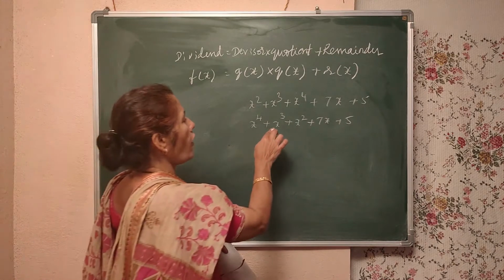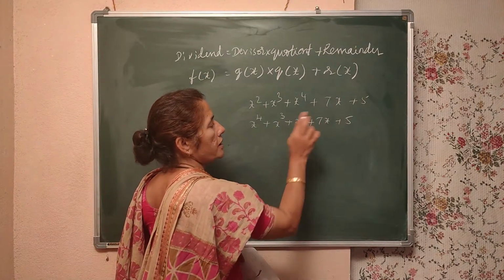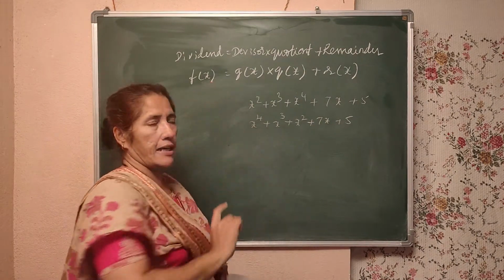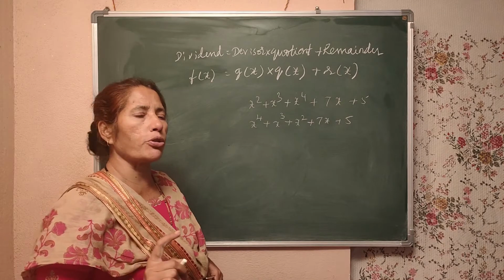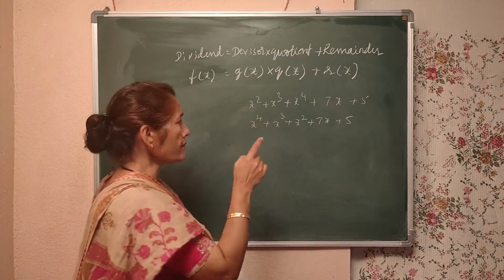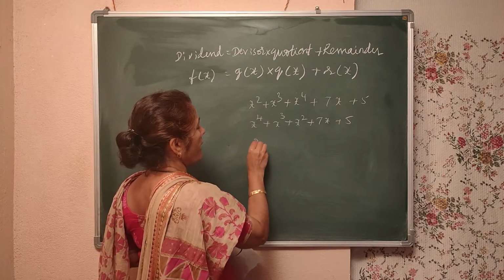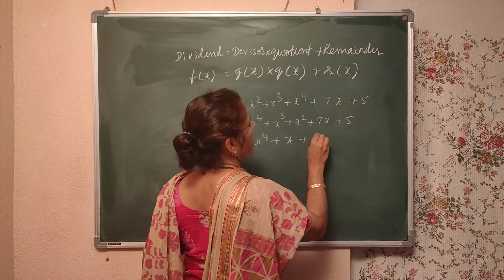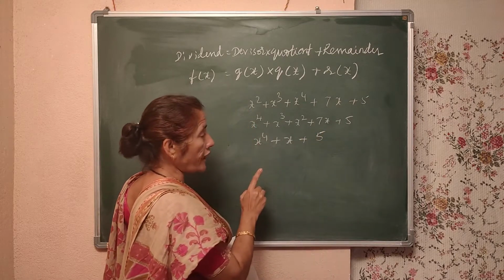Suppose any one of the terms is not present in the dividend, then what do you have to do? You have to put 0 into that term. Suppose I give you x to the power of 4 plus x plus constant 5. Then what do you have to write down?